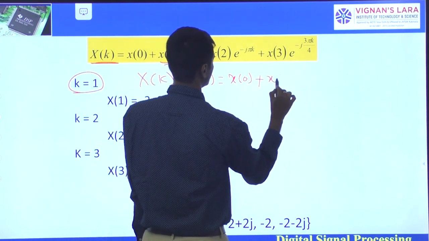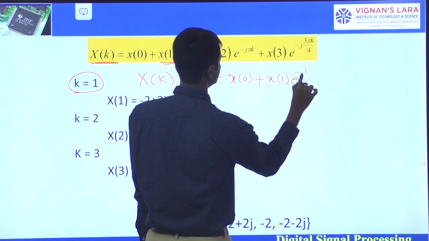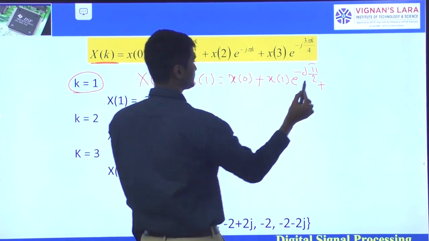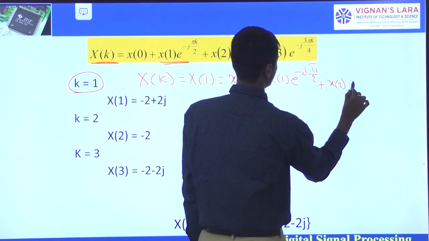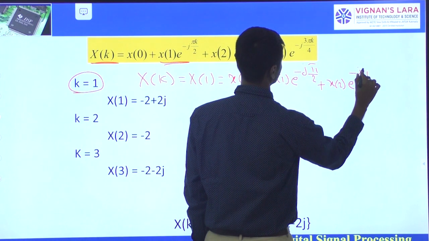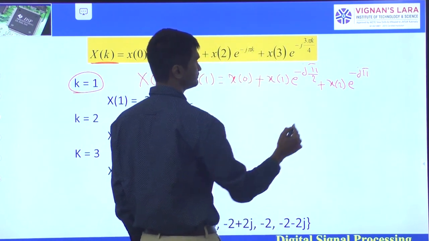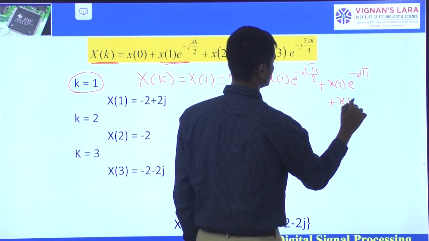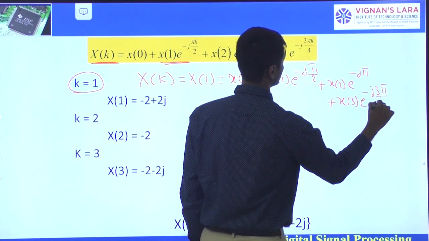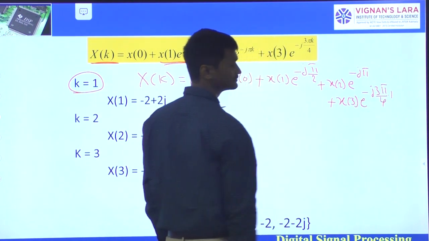That is x of 1 into e power minus j pi by 2. Similarly, x of 2 e power minus j pi plus x of 3 into e power minus j 3 pi by 4, because k is 1.